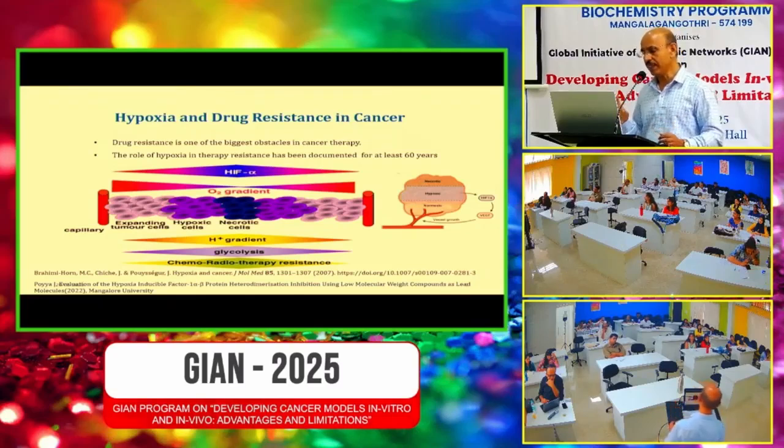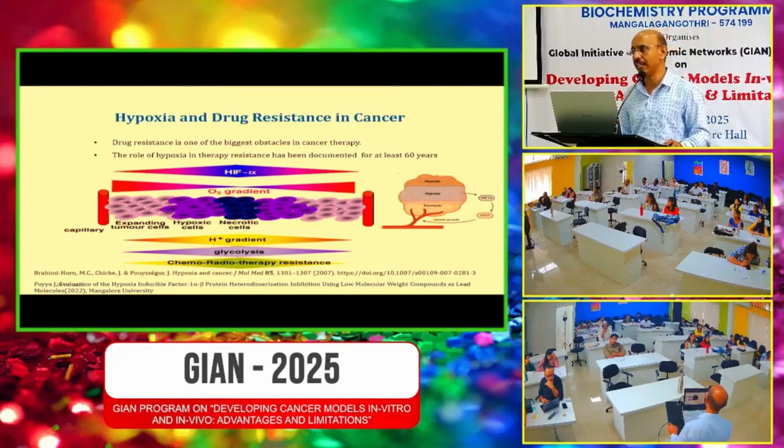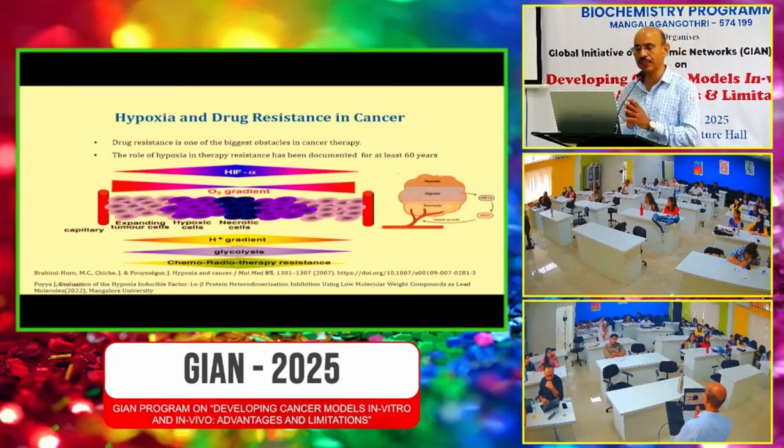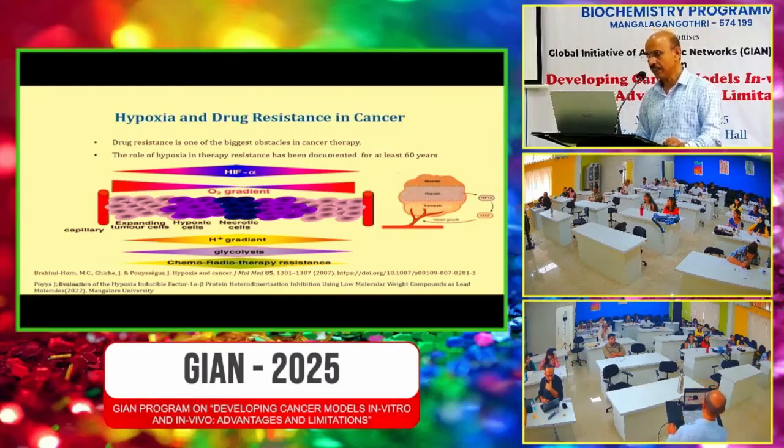So all these conditions are what generally happens, but what happens in cancer, because we are relating the hypoxic condition to cancer. We studied this, and if you see the picture, it shows cells that are dividing continuously.